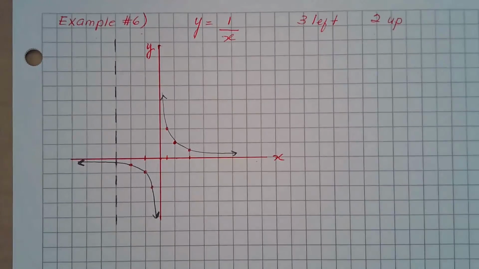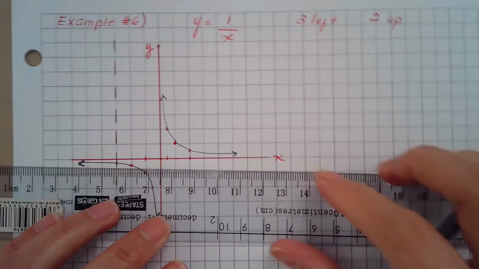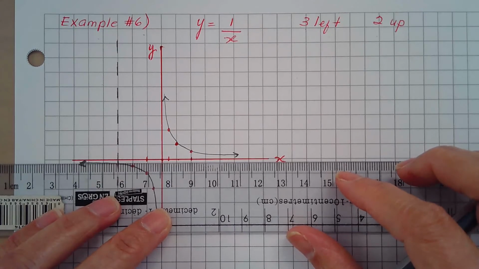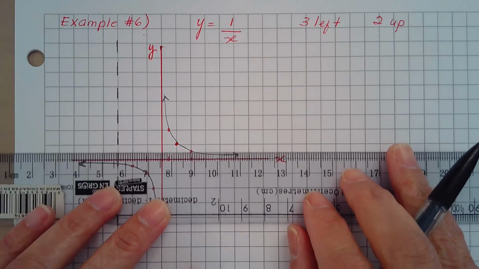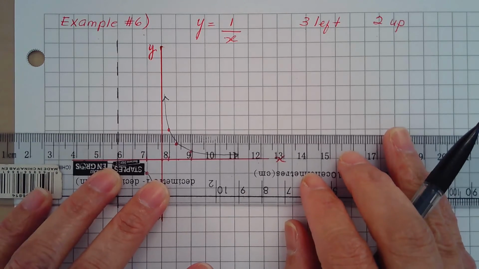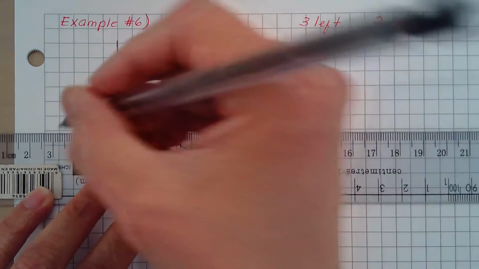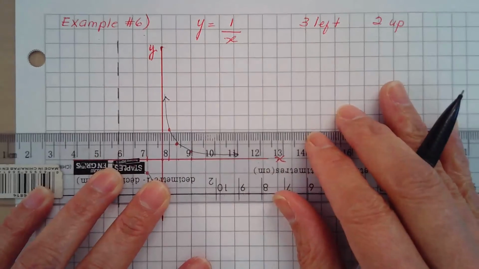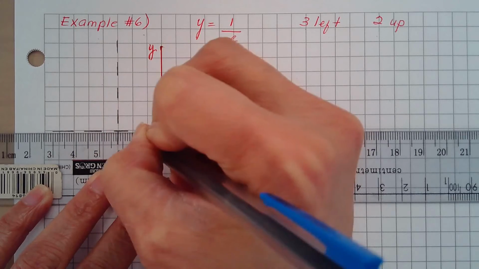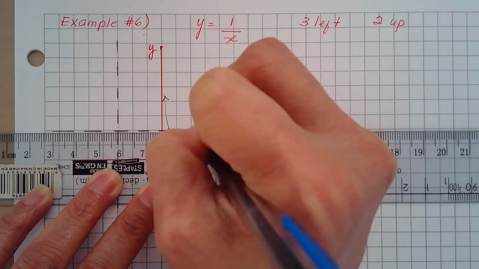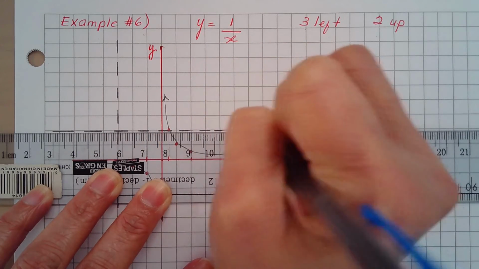Okay. And this horizontal asymptote at y equals 0 is now moved up 2. So 1, 2. So where do you think your graph is going to be?